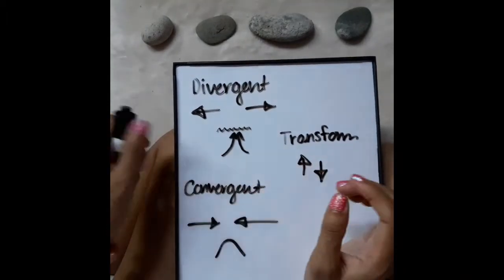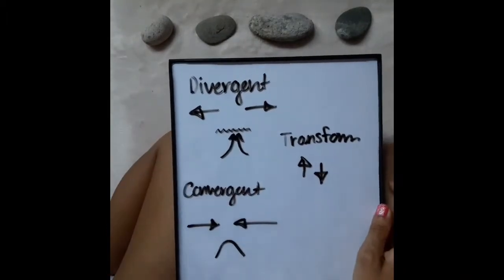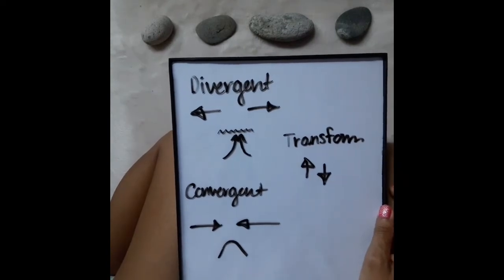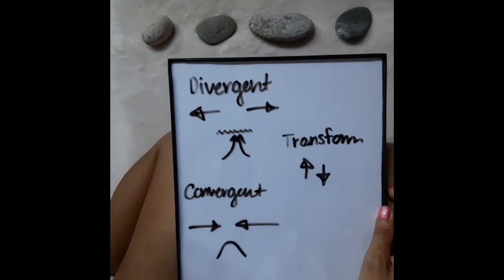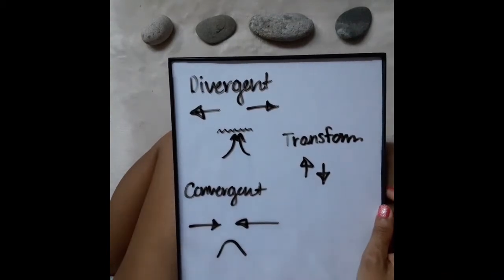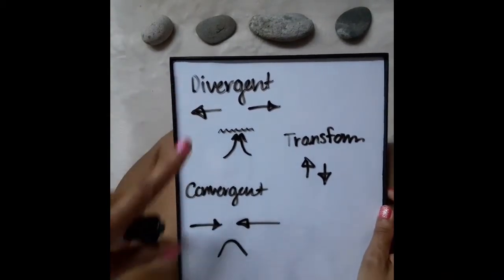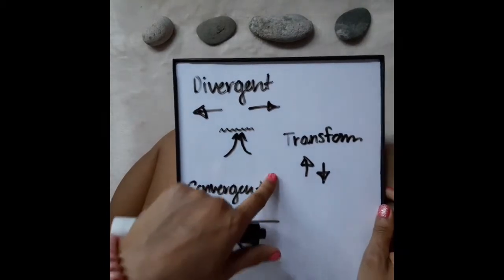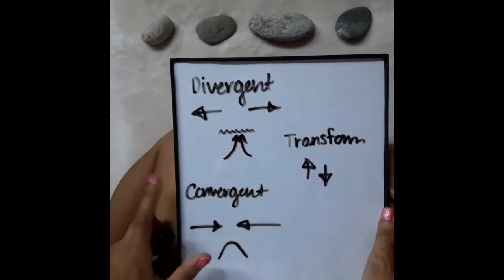This video is gonna be about geology. I'm gonna be teaching you about divergent, convergent, and transform plate boundaries. So let's get started. First I'm gonna start off with divergent, then I'm gonna talk about convergent, then I'm gonna talk about transform boundaries.